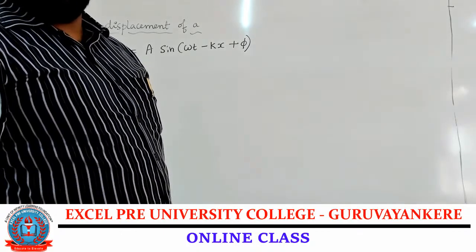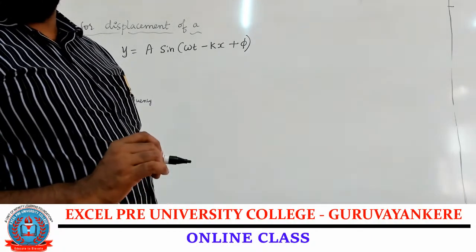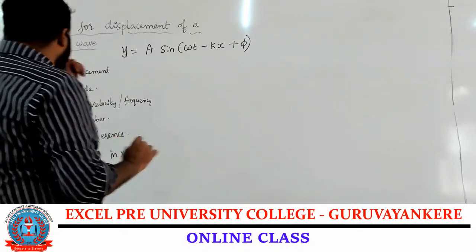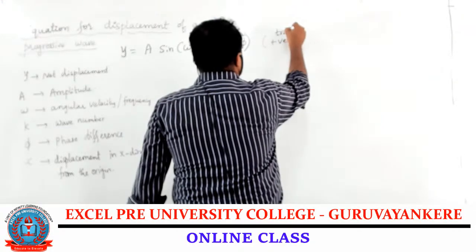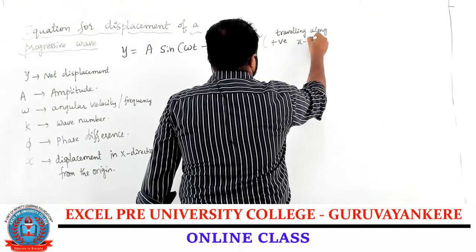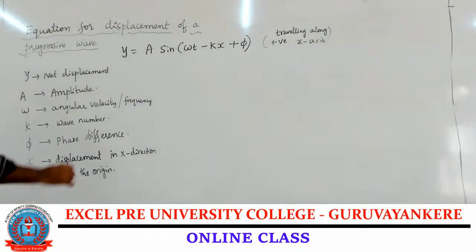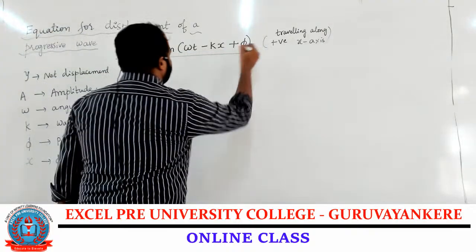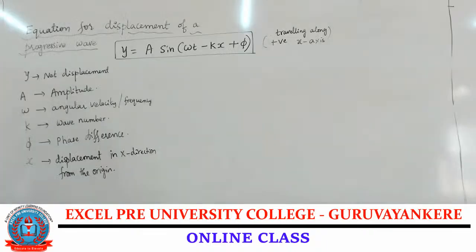This is for a wave traveling along the positive x-axis: y is equal to a sin(omega t minus kx plus phi). Clear?